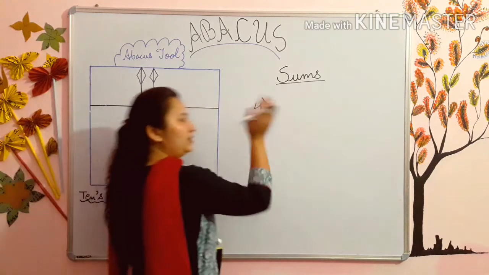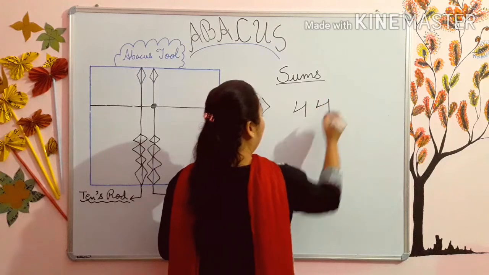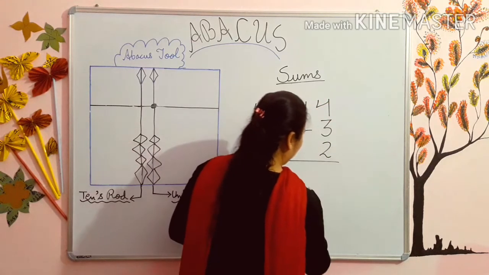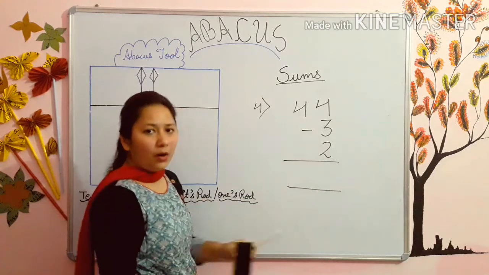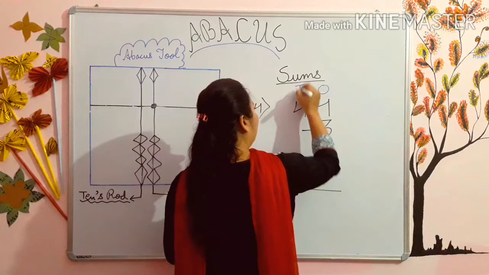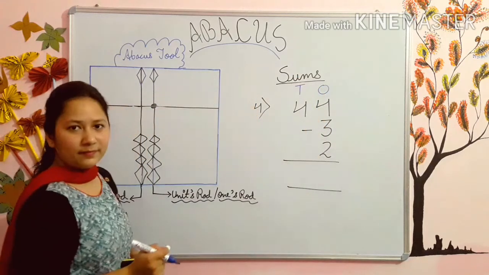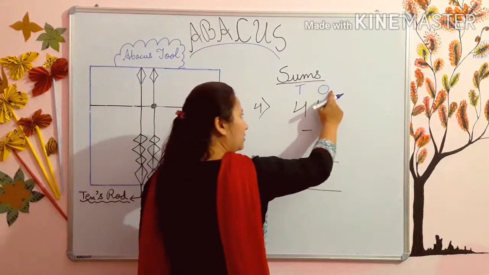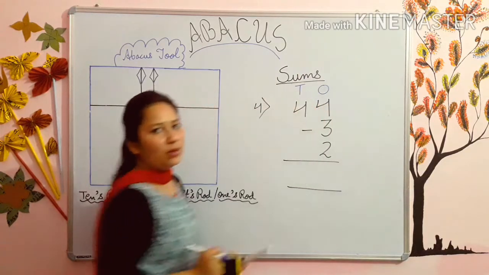Now your fourth sum. 44 minus 32. Now as I always say, this will go in ones rod, this will go in tens rod.